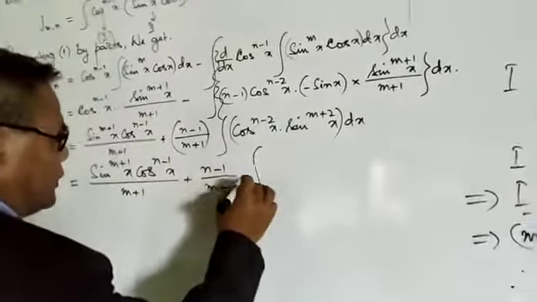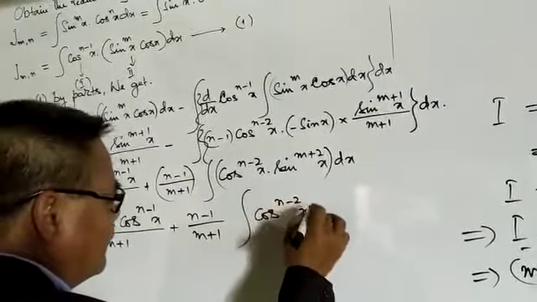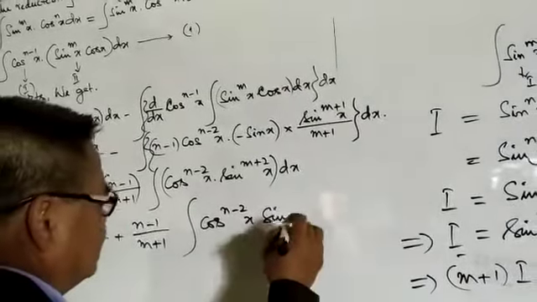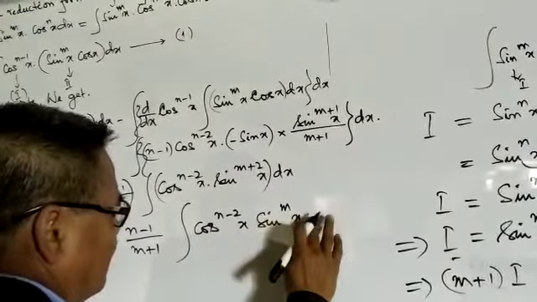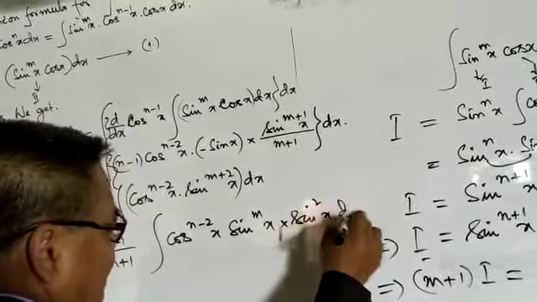It can be reduced as cos of sine of m into another sine square x dx, as you know.